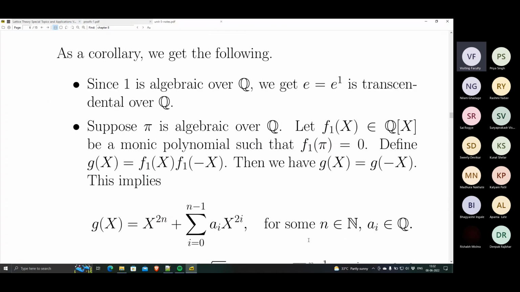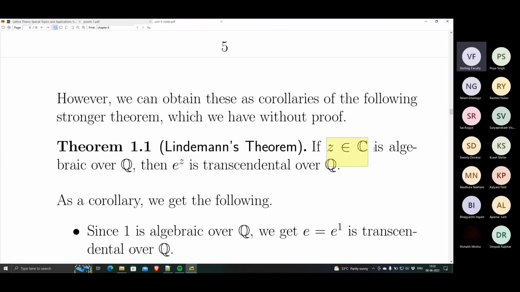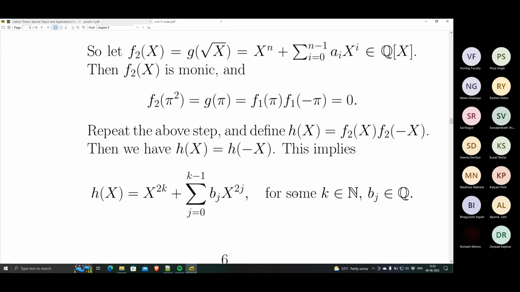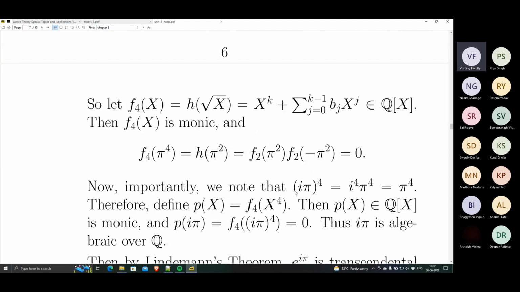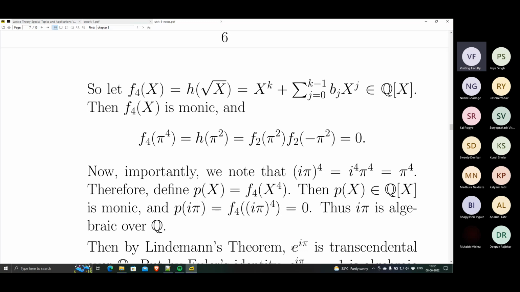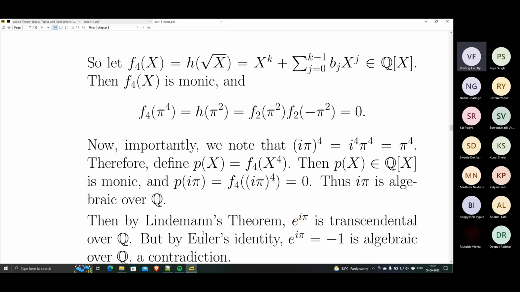Lindemann's theorem says that for any complex number that is algebraic over Q, when you take e raised to that complex number, it must be transcendental over Q. So pi is algebraic, therefore i pi is algebraic, therefore e raised to i pi is transcendental by Lindemann's theorem.